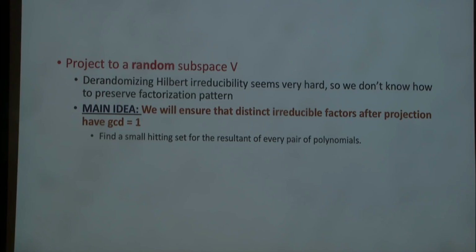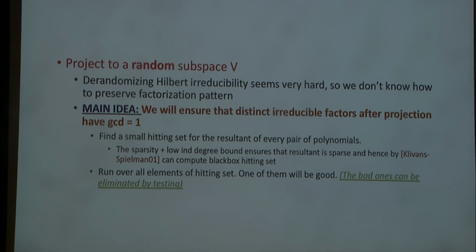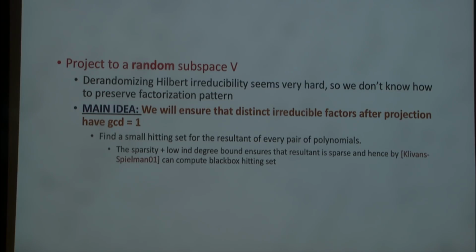So the general statement here is that you have a PIT for the resultant. You have a deterministic test for GCD 1 of multivariate polynomials. These are sparse polynomials of low individual degree. We will use that. If two sparse polynomials of small individual degree, we have a deterministic test to test if they have GCD 1. Exactly. And maybe I'm running out of time, otherwise I could have said more about this.